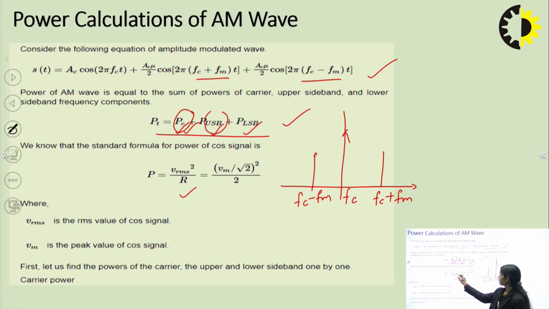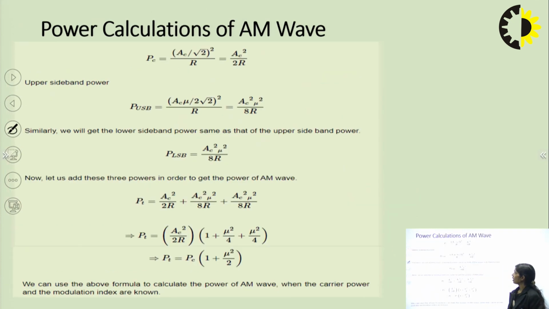The RMS value is given by the formula Vm by root 2. We are going to calculate the power for the different components: carrier, upper sideband and lower sideband. For carrier power we have derived the equation Ac square divided by 2R.